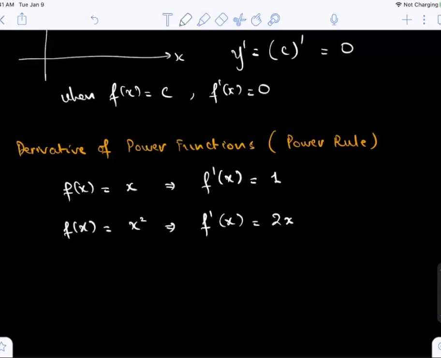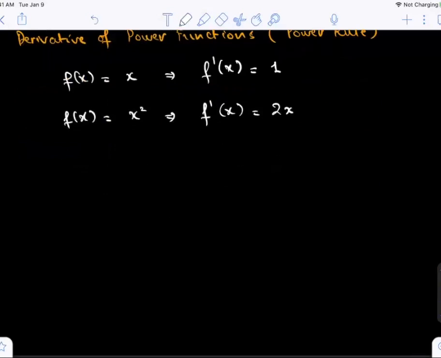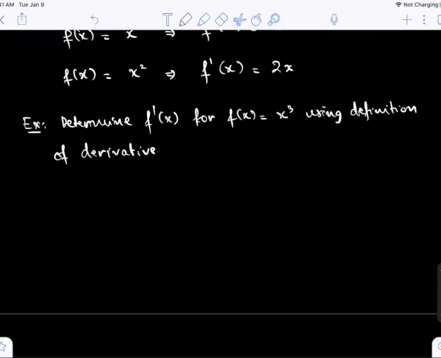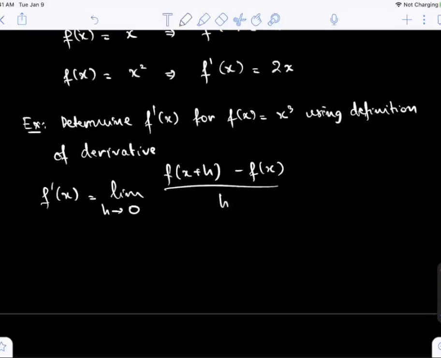Now we can move on to the next example, which is the derivative of the cubic function. Let's see what happens. Determine f prime of x for f of x equal to x cubed using the limit definition of the derivative. The definition is f prime of x equal to the limit as h approaches 0 of f of x plus h minus f of x, all divided by h.